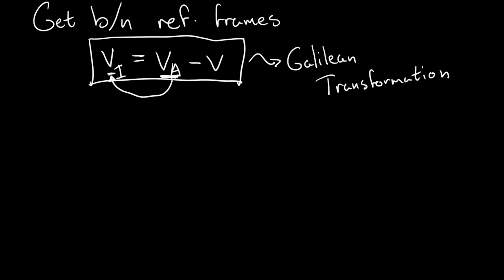So, one thing that Galileo noticed is that you can't actually tell the difference between two reference frames in regards to physics as long as they're moving at constant velocities relative to each other. So let me clarify that a bit. Picture you're in a car.